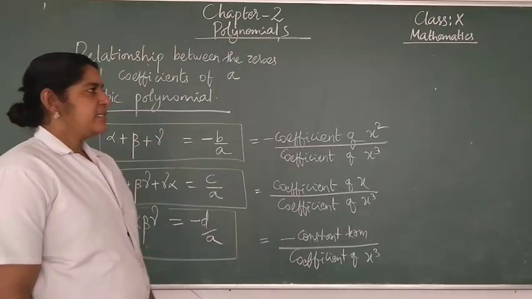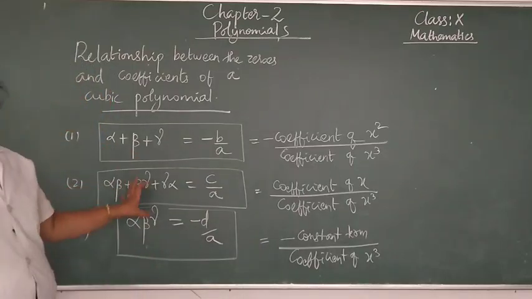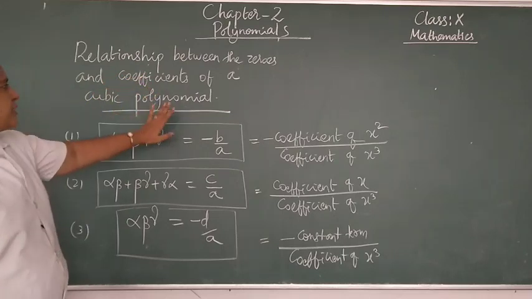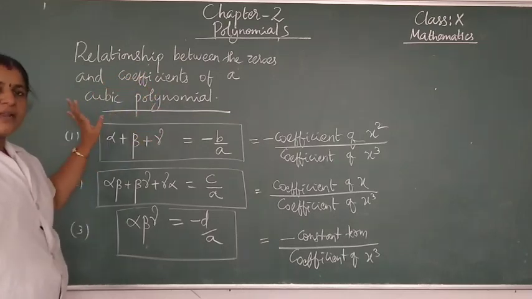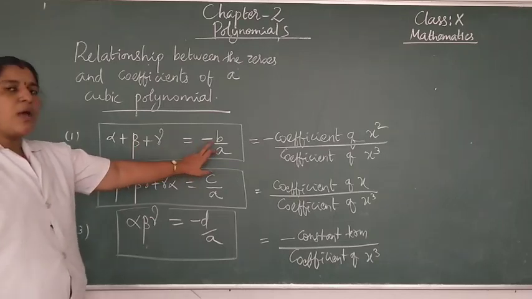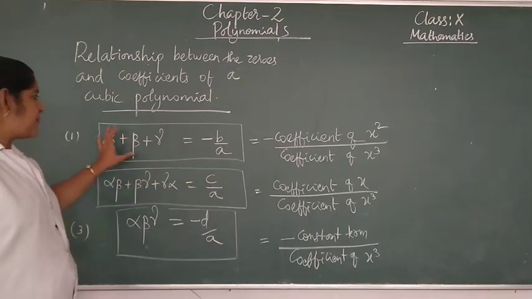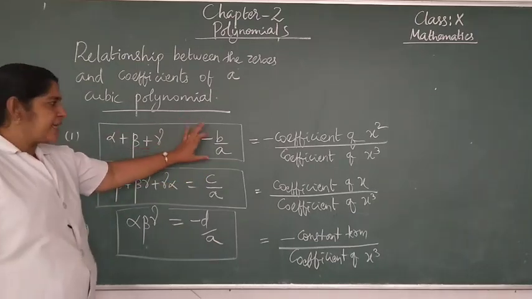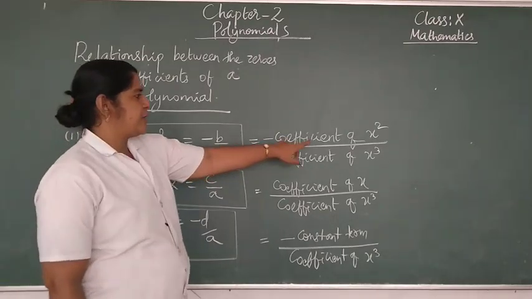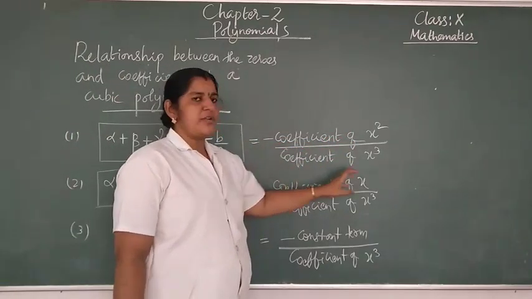Okay students, so what are the three relations we studied now? Relationship between the zeros and coefficients of a cubic polynomial. There are three relations. The first relation: alpha plus beta plus gamma is equal to minus b by a. That is, the sum of the zeros equals minus b by a, which is minus the coefficient of x square divided by the coefficient of x cube.